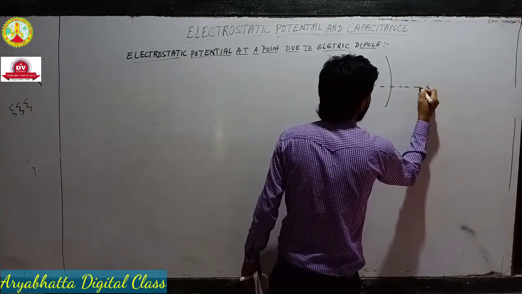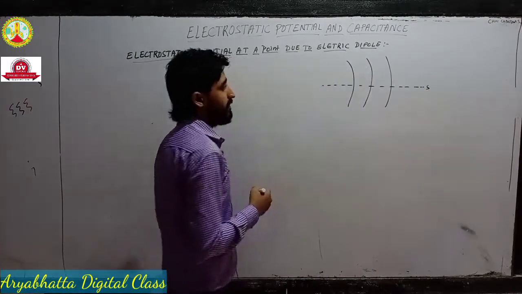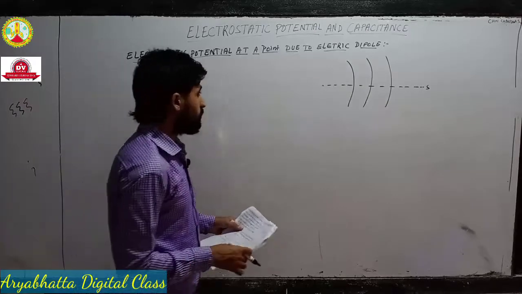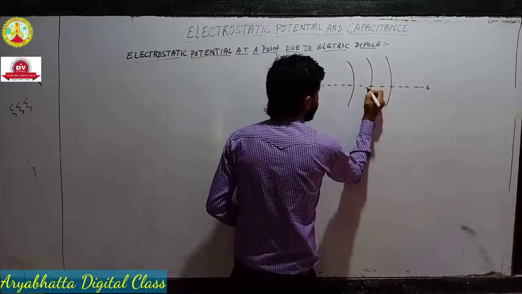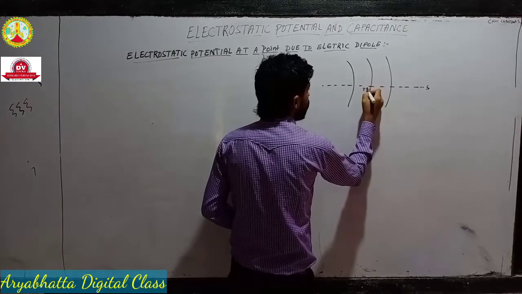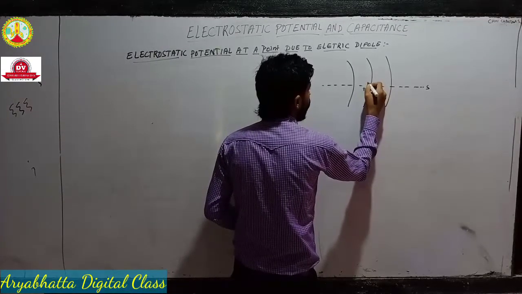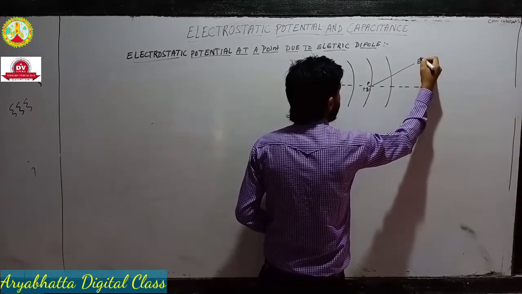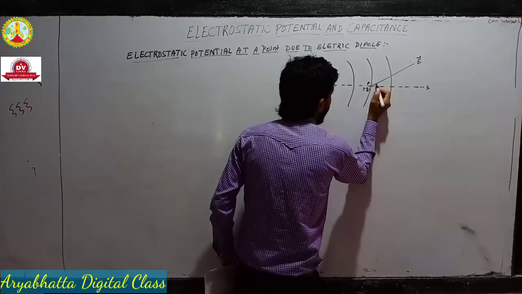Let's say this is S, a surface which is going coaxially. Now let's take at this point a plus q charge. This point is, let's say, point P, and the electric field will be perpendicular to this, something like this. So it will make some angle theta.